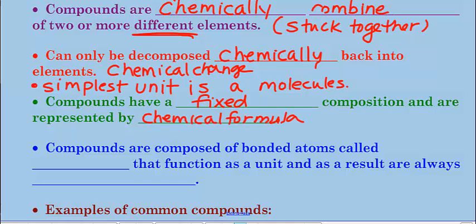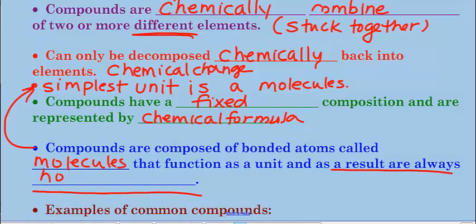Okay? And again, this is kind of piggybacking off this. I don't think you have this sentence on yours, but compounds are composed of bonded atoms called molecules. And they function as a unit, and as a result, that must be dot that you have, they must be homogeneous.